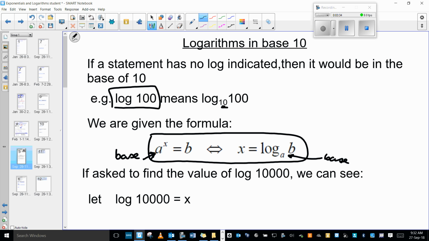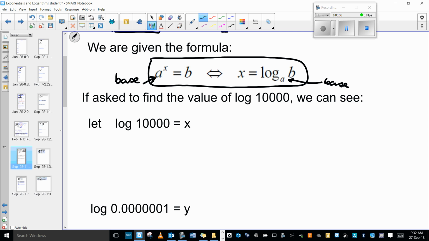So, we may be asked to find the value of something. If I'm asked to find the value of log of 10,000, we may not have our calculators with us, but if I call this x, I know that secretly I have a base of 10. So using this conversion, I want to go from a log statement to a power statement. What would I do?